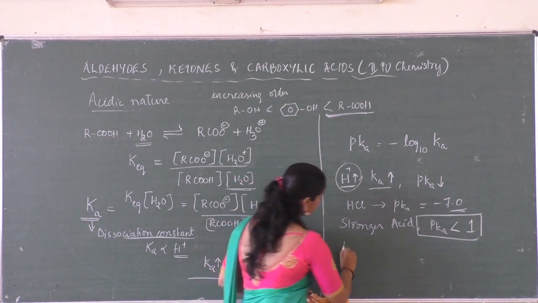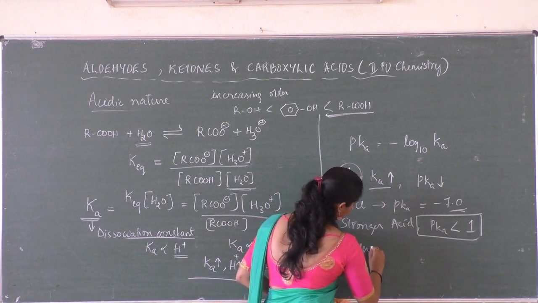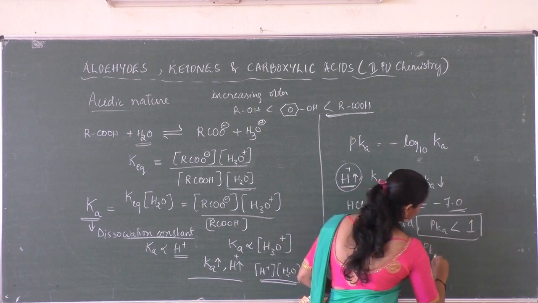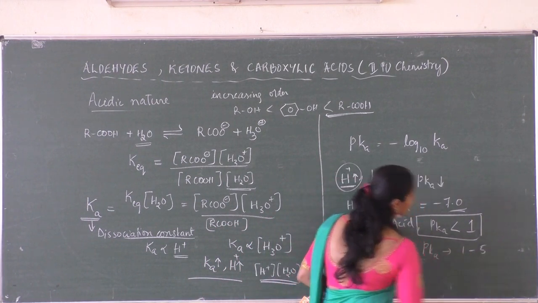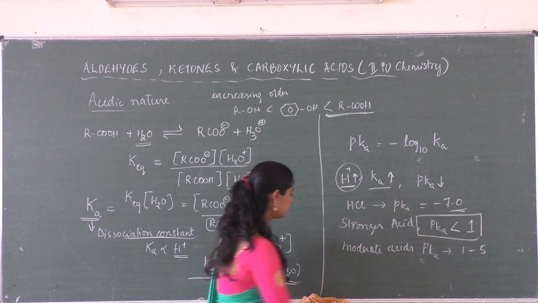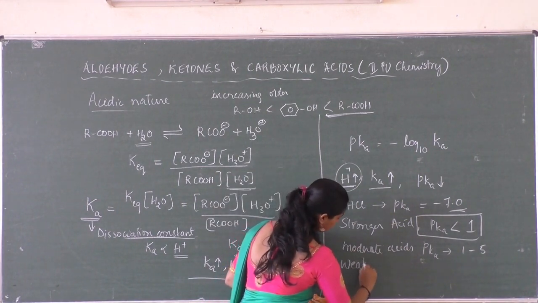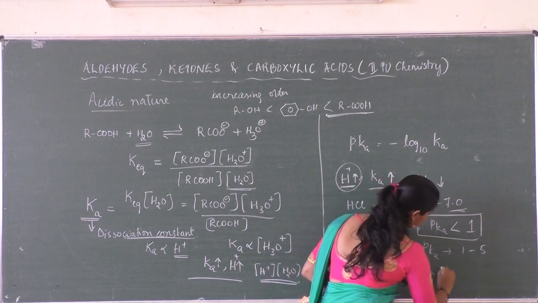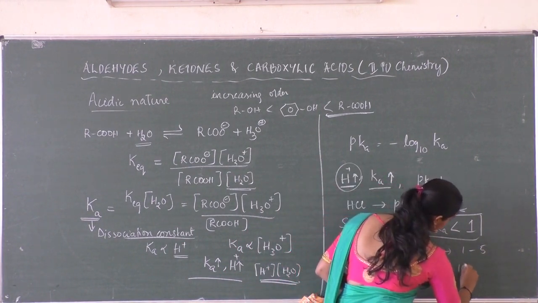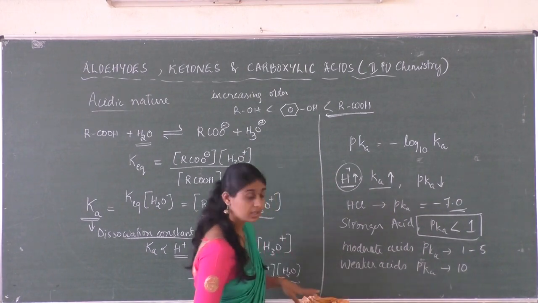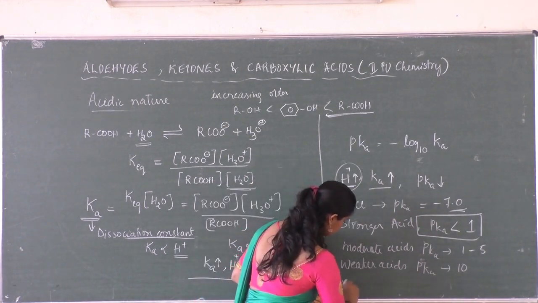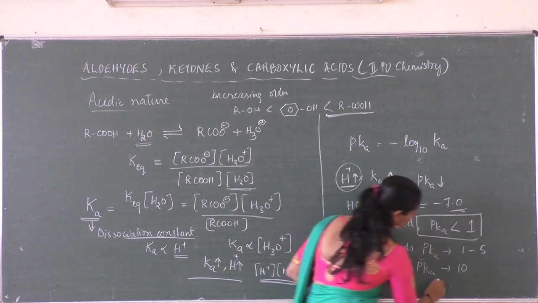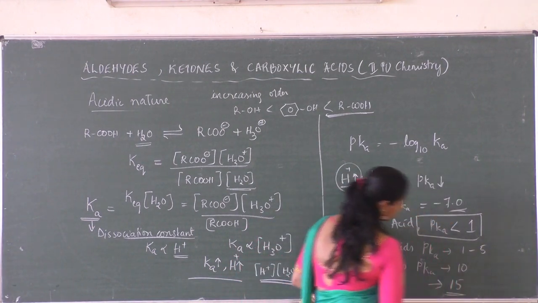Then for moderate acids, the pKa value will be between 1 to 5, and for weaker acids the pKa value will be around 10, and for extremely weak acids the pKa value will be around 15.